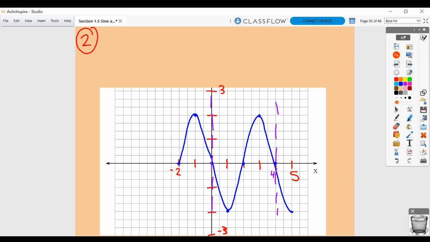So trying to figure out what graph this is, it looks like it is a wave. So that is sine. However, the normal sine goes up and then down. This one is reflected.